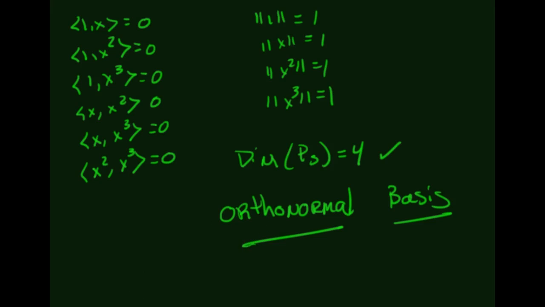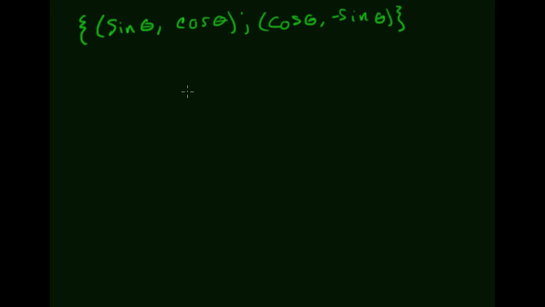So there you go. So last problem here, we're going to give you a non-standard basis for R2, and we're going to show that that is a non-standard orthonormal basis for R2. And it doesn't matter what theta is, right?